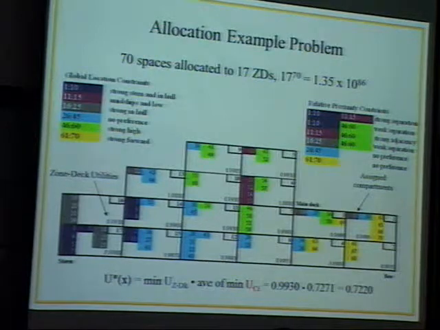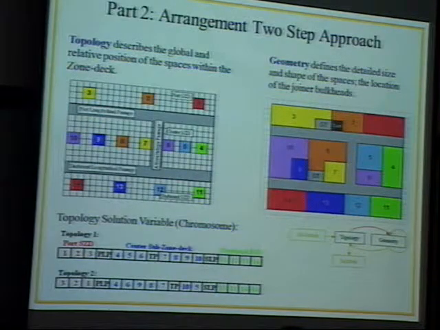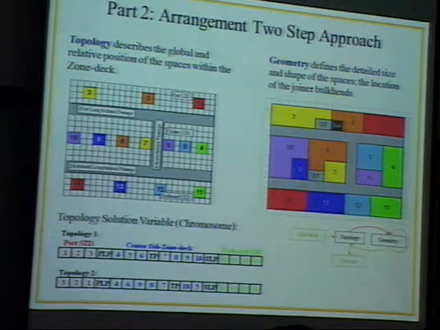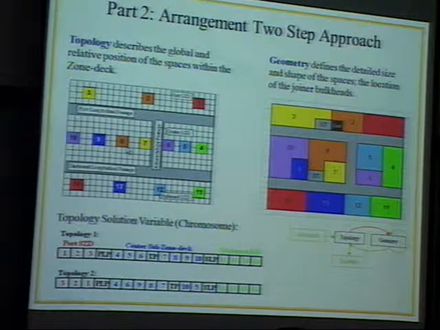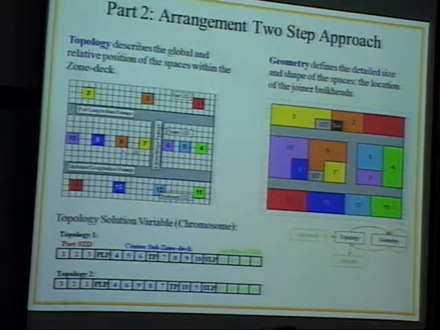Okay, that is some allocation example. And this is arrangement in two steps. First one is topology. As I mentioned before, topology means, in Korean, 위상.